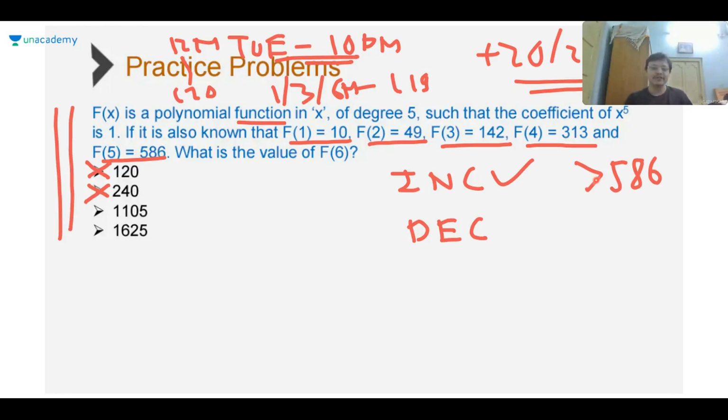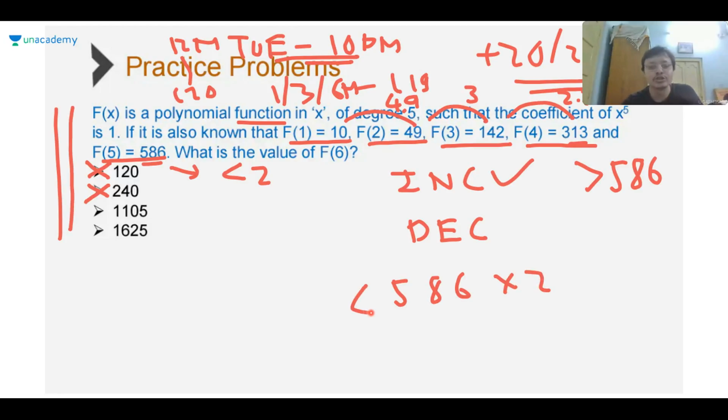Next, if you look at the function, the rate at which the function is increasing, here it increased by 4.9 times. Here it increased by roughly 3 times. Here it increased by roughly 2.5 times. Here from 313 to 586, it increased by less than 2 times, which means F6 will definitely be more than 586, but it will be less than 586 into 2.